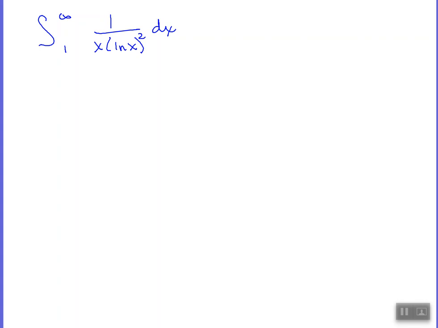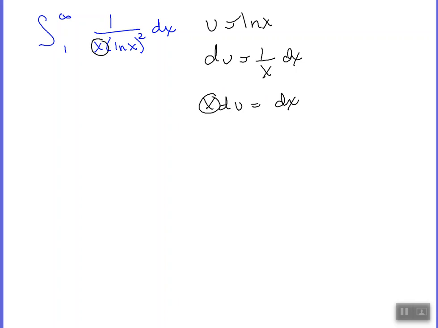This would be a great u-sub problem, because if I take the derivative of ln of x, I'm going to get 1 over x dx. And I like that because whenever I divide by this, that x on the numerator is going to cancel with this x on the denominator.